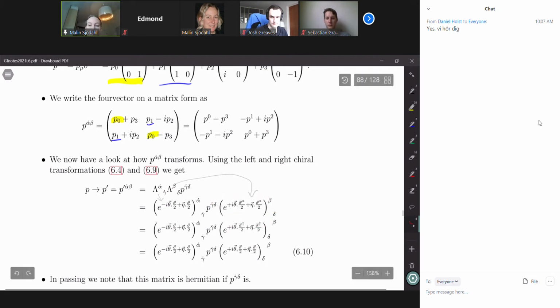Okay, so to this object I will do something. It would be very neat if it was daggers instead of stars there, because the sigma matrices are Hermitian, so then I could ignore the dagger. So what I do is that I replace this sigma star with the transposed object. That is, I dagger it, and to compensate for that, taking the other set of indices from before, I also swap the index order here.